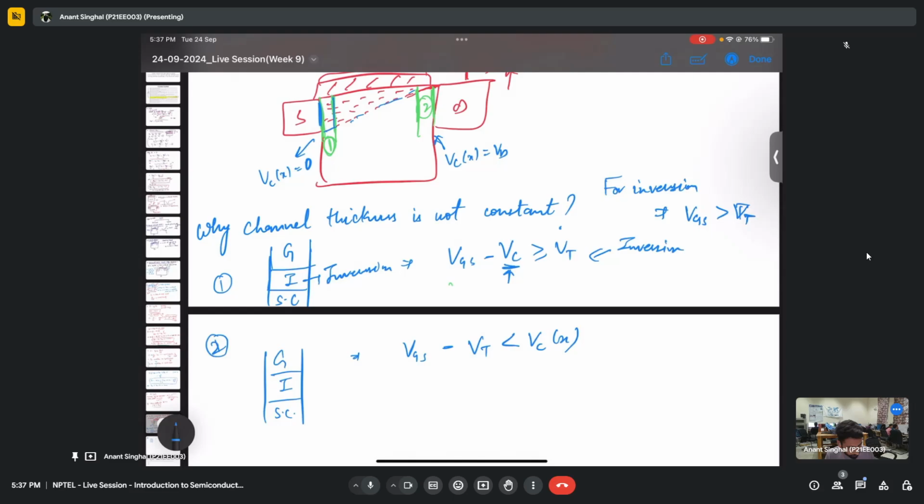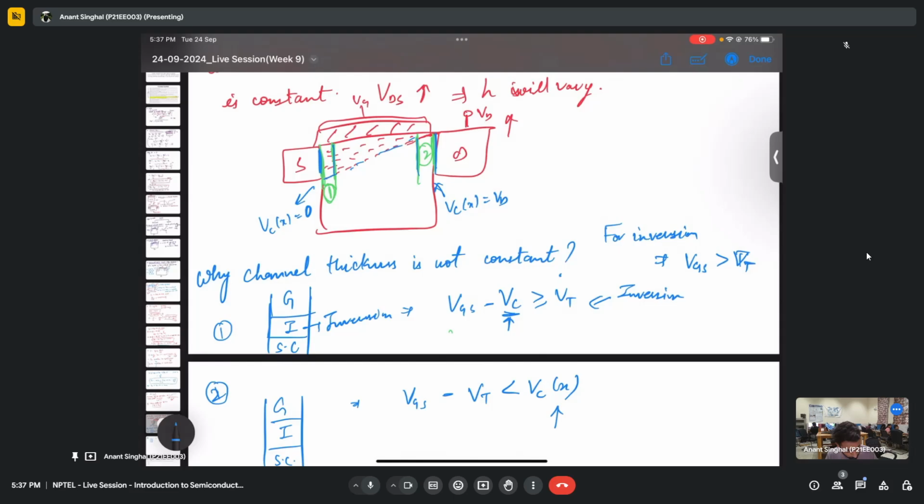If I keep on increasing this, we are going away from making the inversion layer. Do you understand this point? If we effectively increase the drain voltage, we are reducing this VGS minus VT. Due to this, the inversion layer will not form if we make VD greater than VGS minus VT. Are you able to understand this?